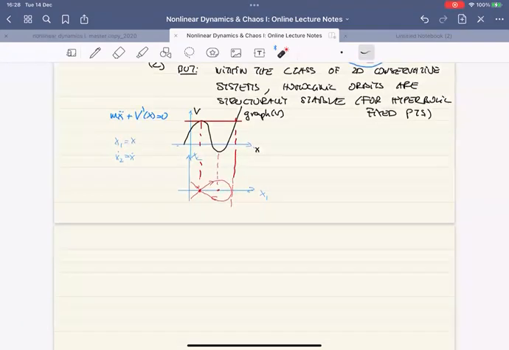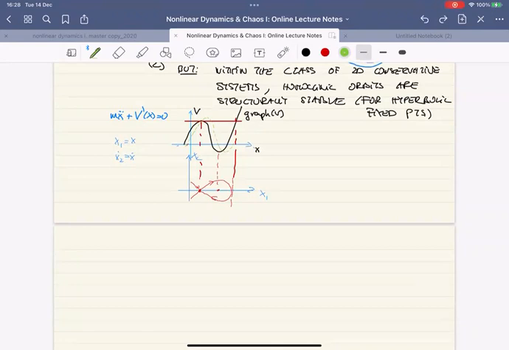Now, what happens when you perturb that system? When you perturb that system and still stay within the class of conservative systems, then what you're essentially doing is deforming the potential slightly. So maybe it becomes something like that. I don't just mean you're shifting it, there's deformation in it. So maybe my plot is a bit misleading.